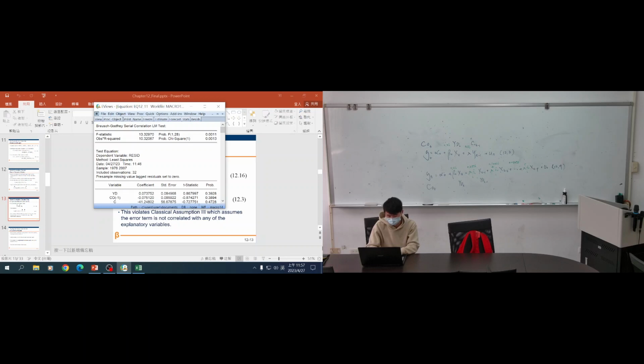And when you do forecasting, we need to know the Granger causality. Have you learned about Granger causality? A little bit, okay. This is the one in 12.4. Okay, let me show this one.